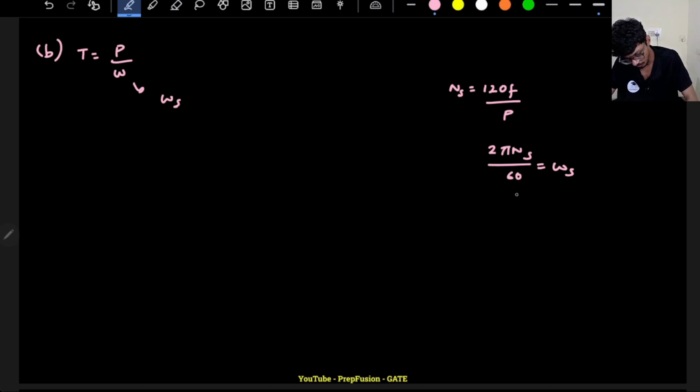If I put Ns as 120 f by p and multiply, 2 pi by 60 will become 4 pi f by p, which is equal to omega s. Okay, 4 pi f by p is equal to omega s.